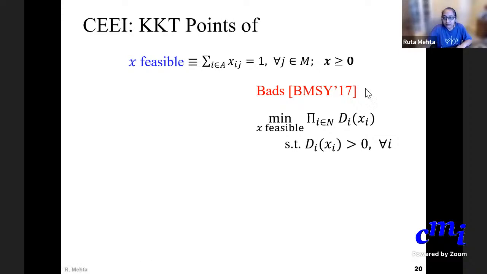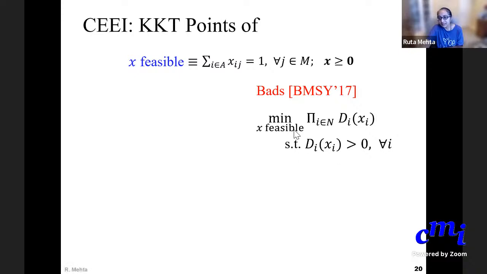So these guys showed that if you want to find a competitive equilibrium, solve this program. You are minimizing the product of the disutilities of the agents, subject to the allocation being feasible: exactly 1 unit of every chore is allocated in total, and the disutility of every agent should be greater than 0.